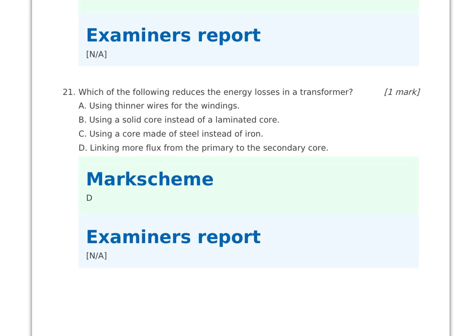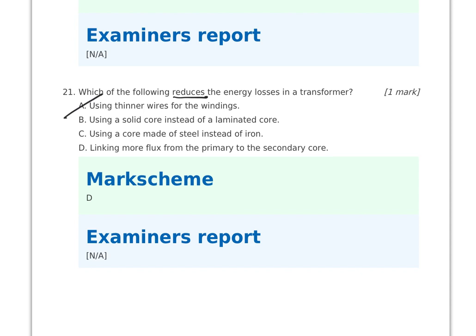21. Which of the following reduces energy losses in a transformer? So thinner wires. Thinner wires is going to increase the resistance, and I think that's going to lead to higher energy losses. So I'm looking to reduce the energy losses, so thinner wires is not going to do it. Using a solid core instead of a laminated core is going to induce more eddy currents and more back EMFs.